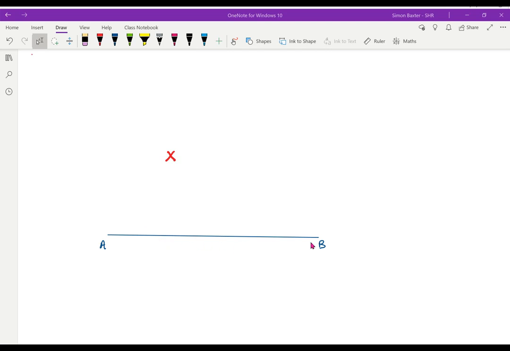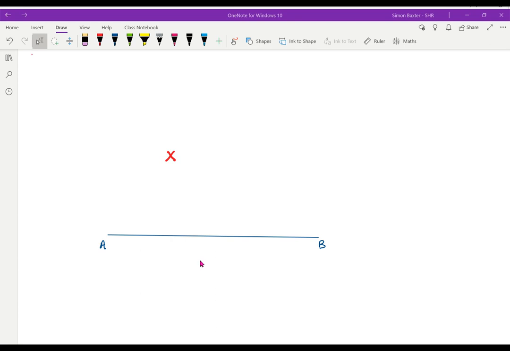If I start with this framework, I could say where this point is by measuring the distance from A and the distance from B. And you can see you could take out your compasses and find the distance of the point. That would be a little bit awkward, because the point down here would have the same two distances. So we'd have to have some convention for knowing whether we were above or below.